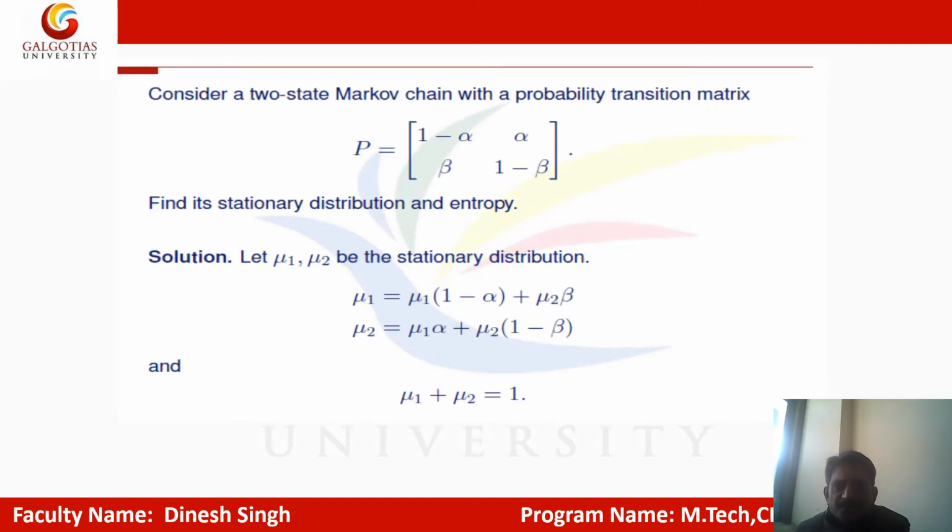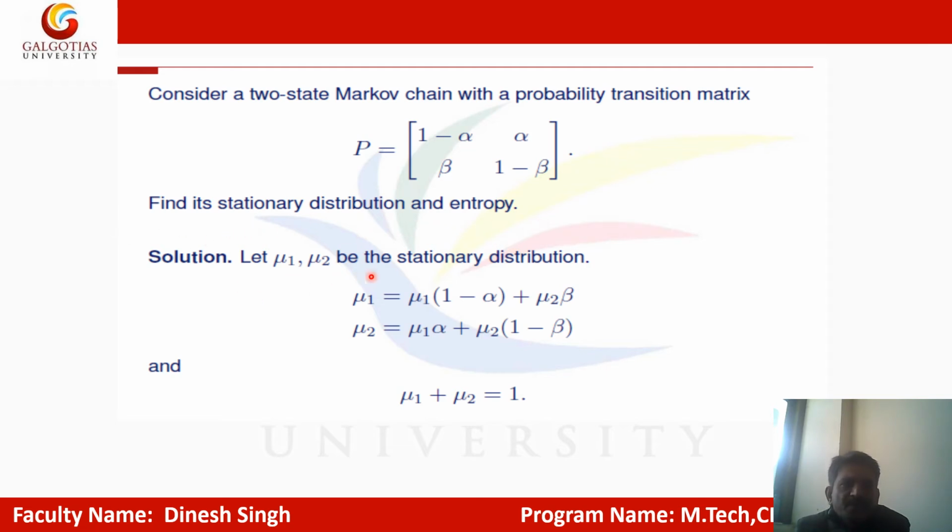Consider a two-state Markov chain with the probability transition matrix. Now the probability transition matrix has some characteristics: the sum of each row should be equal to 1, and these are called the next states. Now the stationary distribution and entropy.